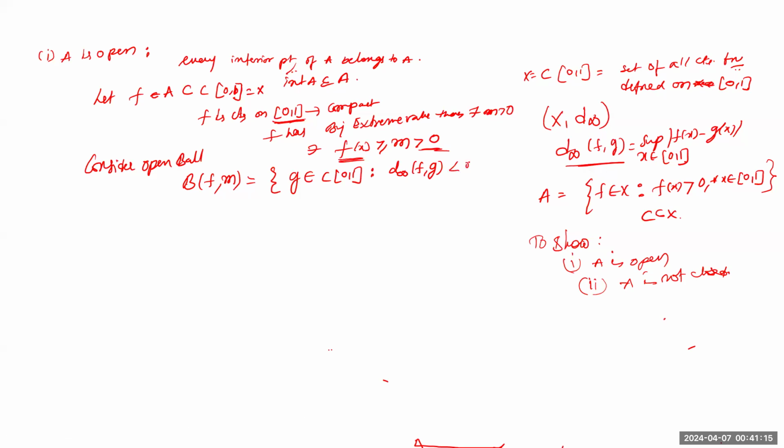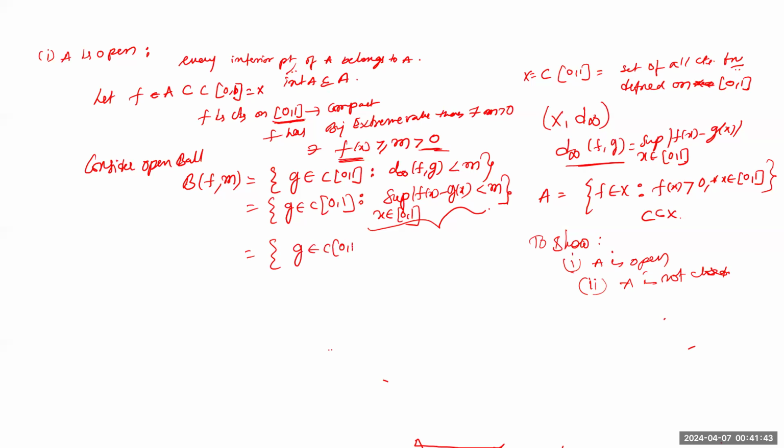So that is equal to the set of all g belonging to C[0, 1] such that the supremum of modulus of f of x minus g of x, where x belongs to [0, 1], is less than m. So the supremum value is less than m, meaning each term, f of x minus g of x, is less than m.